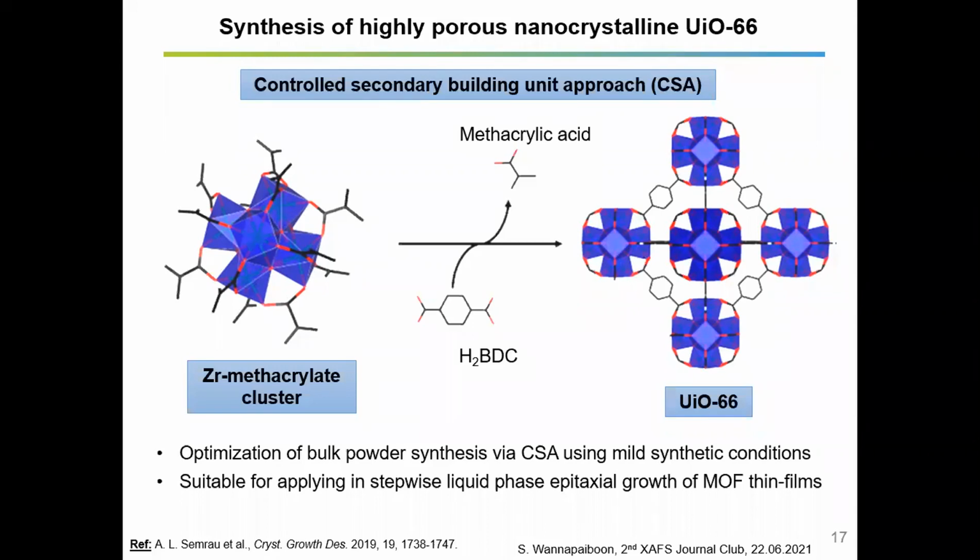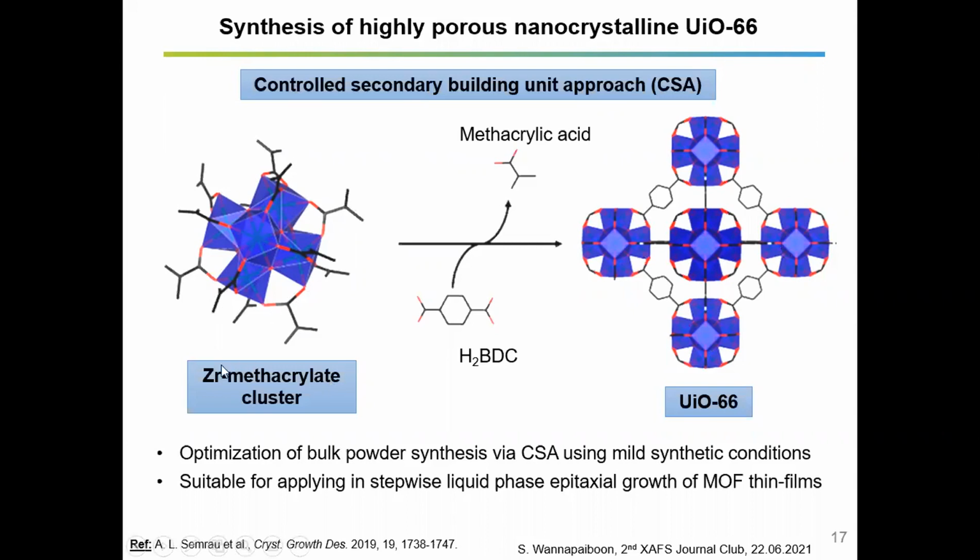But starting from this, we need to go back to controlling the synthetic parameters in the case of bulk powder first, in order to get the parameters as a model to simplify what we get for MOF thin film formation or the fabrication of that in the second step. So with this, we try to grow UiO-66 by applying the controlled secondary building unit, or CSA approach, like what was also presented in the previous slide, starting with forming the zirconium clusters.